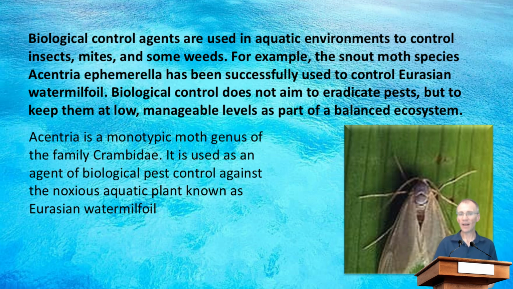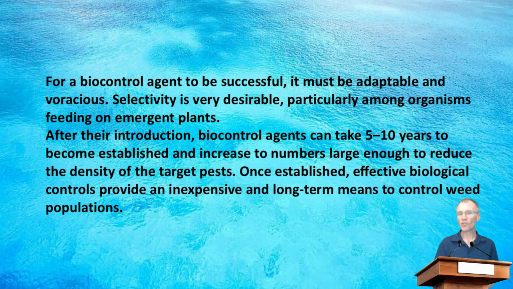Acentria is a monotypic moth genus of the family Crambidae. It is used as an agent of biological pest control against the noxious aquatic plant known as Eurasian water milfoil. For a biological control agent to be successful, it must be adaptable and voracious.